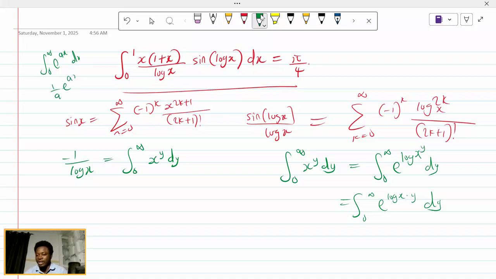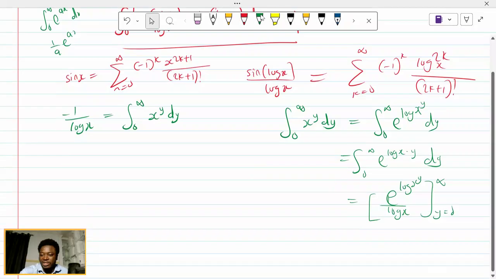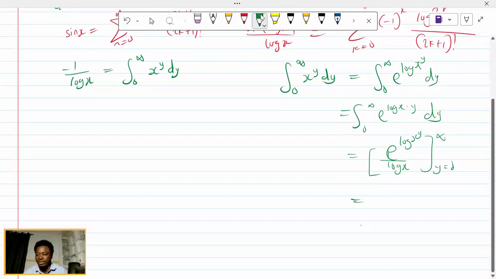So we're going to evaluate 1 over log x times e to the logarithm of x to the y, as y runs from 0 to infinity, which means evaluating x to the y divided by log x as y runs from 0 to infinity.